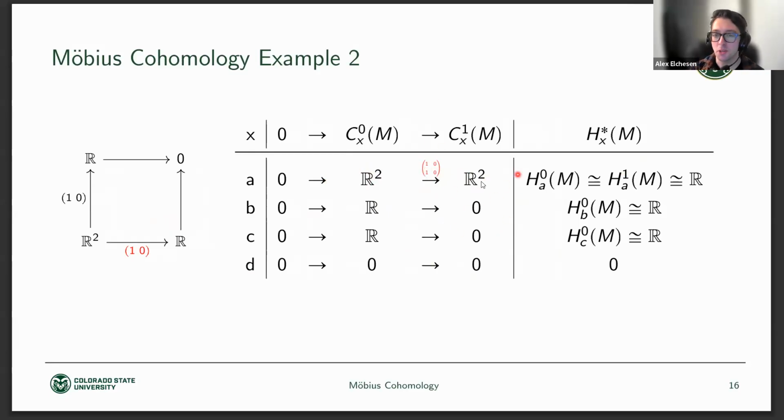And so when you compute homology of this thing, so kernel mod image, you're going to get something one-dimensional in degree 1 and then one-dimensional in degree 0. And so you split the cohomology, kind of spread it out over cohomological dimensions, right? And then you still get the same cohomology at B and C.